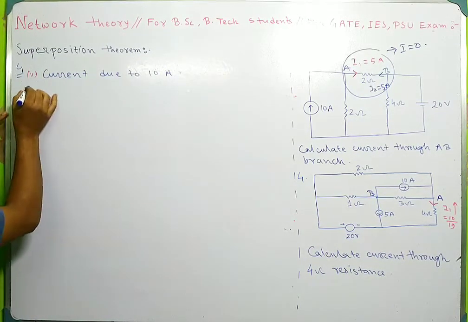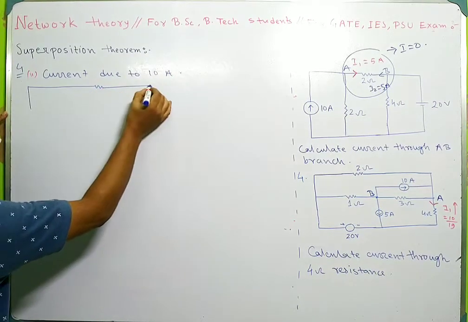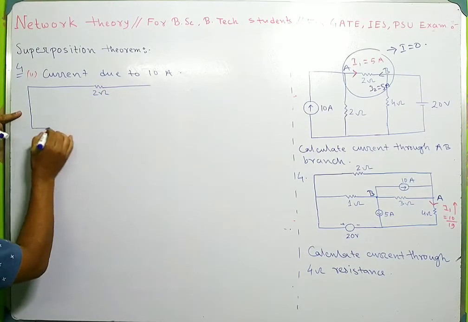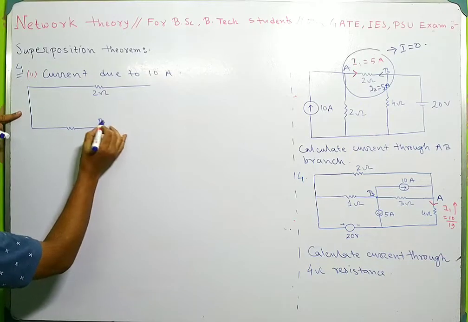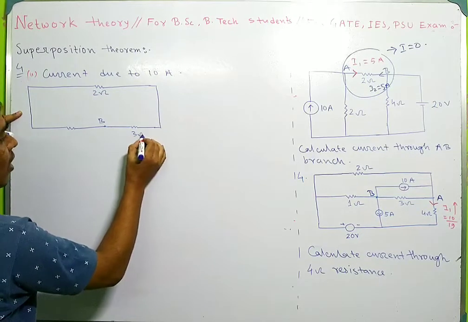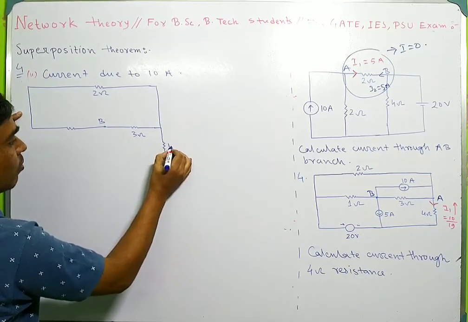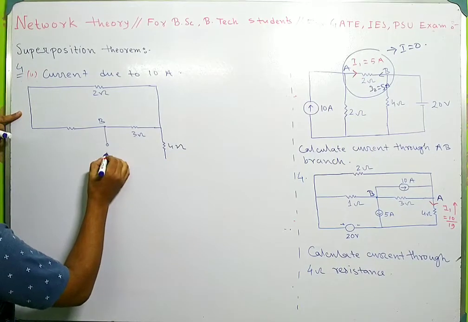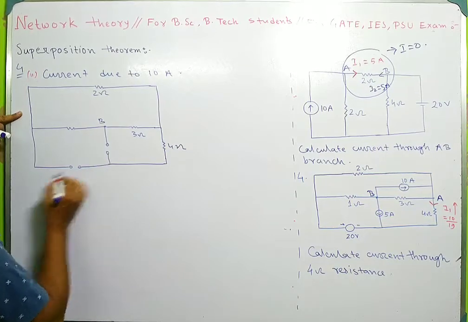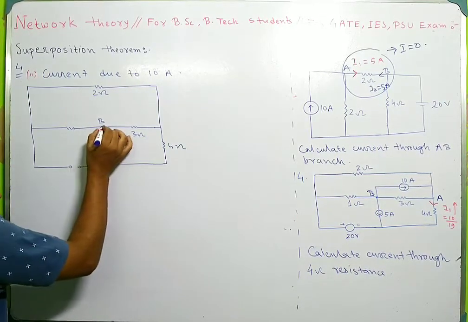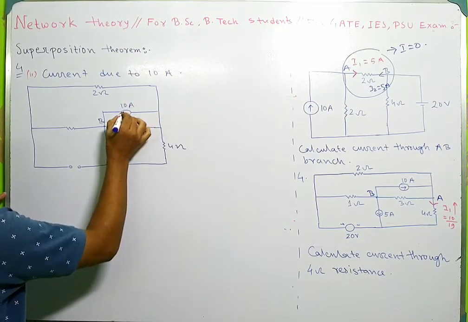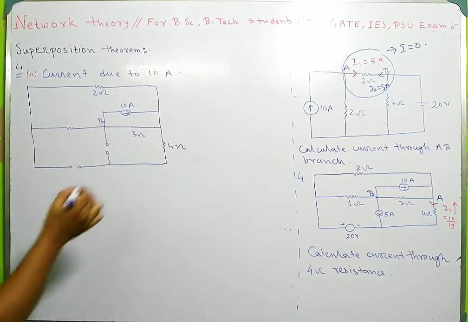This is a 2 ohm resistance, and here this is a 1 ohm resistance, this is the B branch, this is a 3 ohm resistance, this is a 4 ohm resistance, this is a voltage source, and this is a current source. This current source is 10 ampere along this direction.